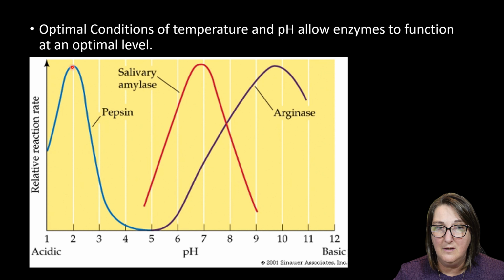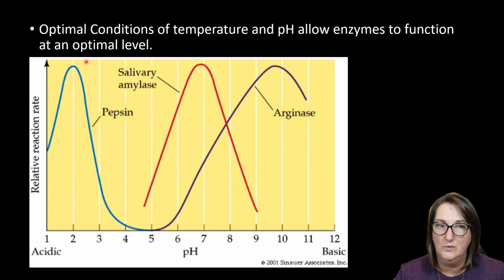Now, can pepsin work at a 3? Yes. Is it going to be very good at what it's doing? No, but it still can. Once I get down past 4, I'm not going to have any enzyme production, especially when I get to 5. So you just have to look at these. When I have pH, again, specific enzymes.